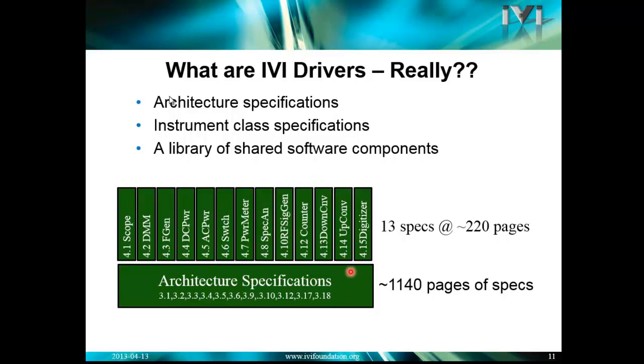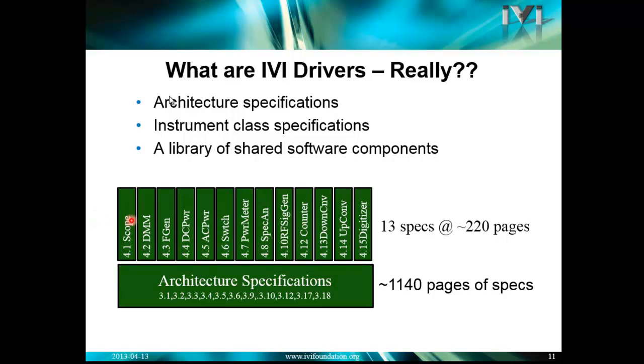The architecture specifications are specifications which are generally required of all drivers. And as a matter of fact, there are lots of drivers that control instruments that aren't fully described by these 13 specifications. It's really only relevant for them to comply with the architecture specifications. We'll talk some more on some of the later slides, but there are substantial benefits to complying with the architecture specifications beyond just the obvious benefit of complying with the class specification.